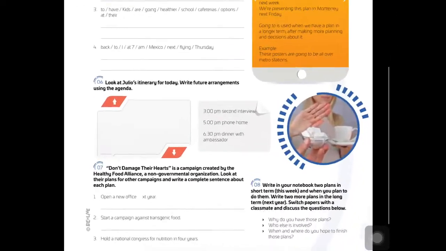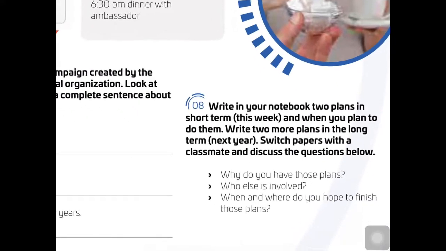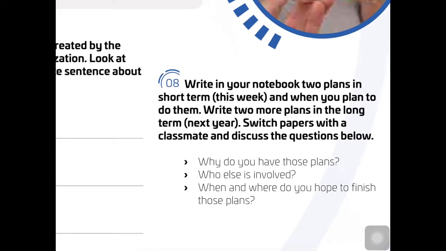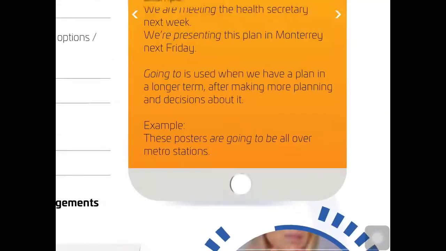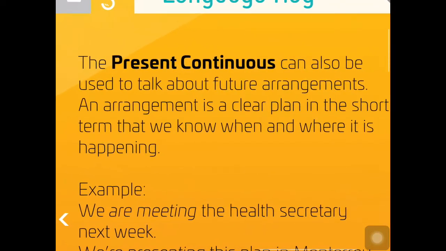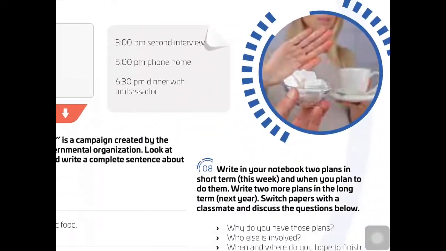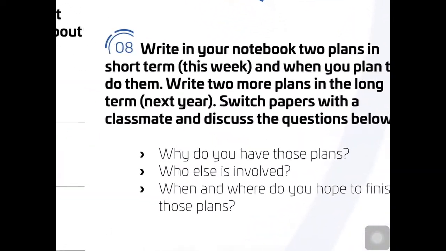Exercise 8. In your notebook, write 2 plans in short terms for this week, and when you plan to do them. What is the structure that you use to make short plans? The present continuous. Okay, present continuous for future arrangements that are short term.